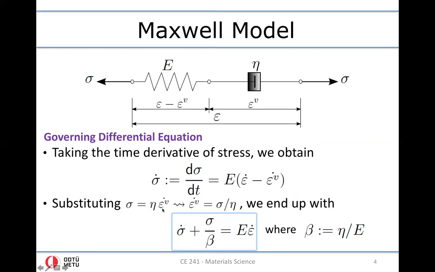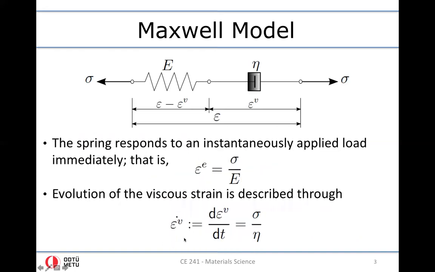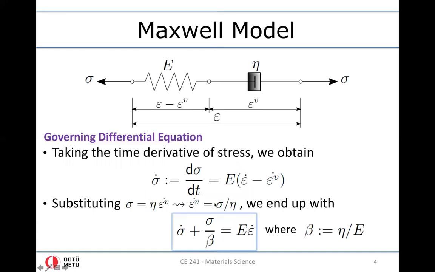We can furthermore plug in for the rate of the viscous strain the stress divided by eta, which comes from the constitutive equation for the dashpot that is filled with Newtonian fluid. Okay, so a linear dashpot. If you substitute this expression for the rate of the viscous strain, we essentially end up with this expression.